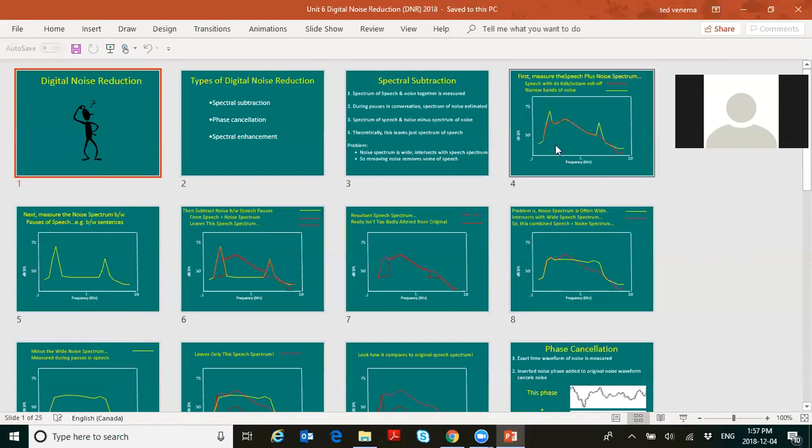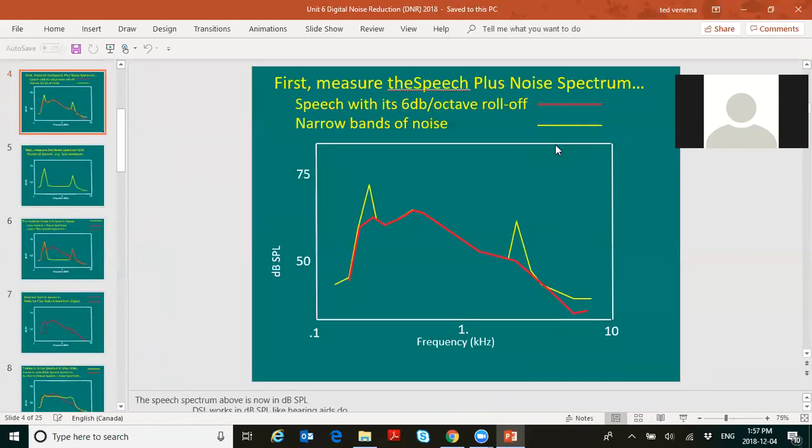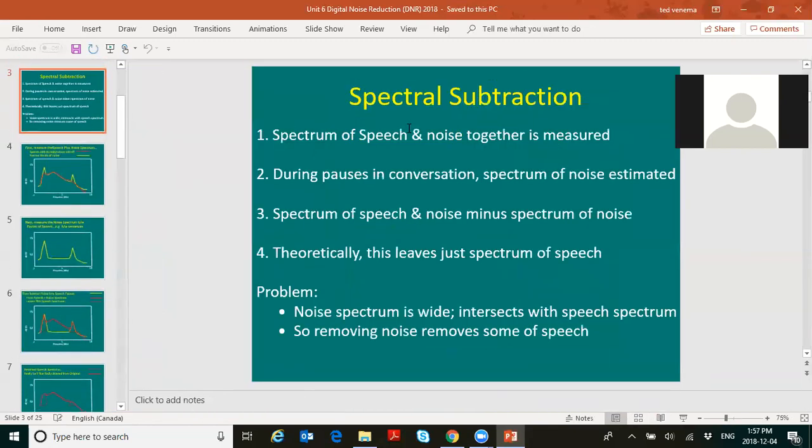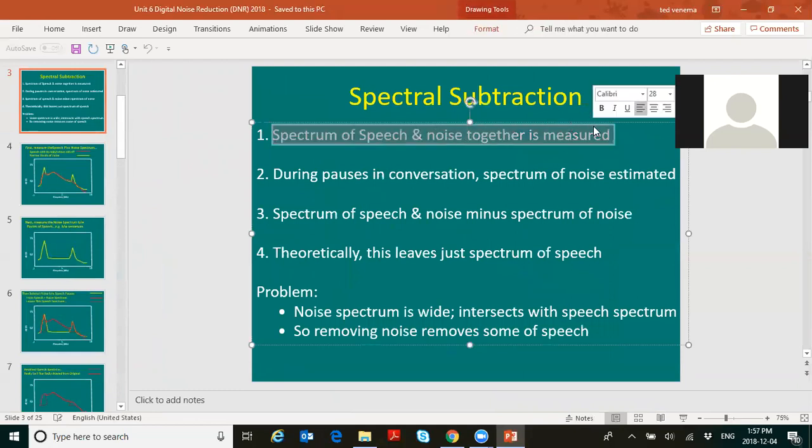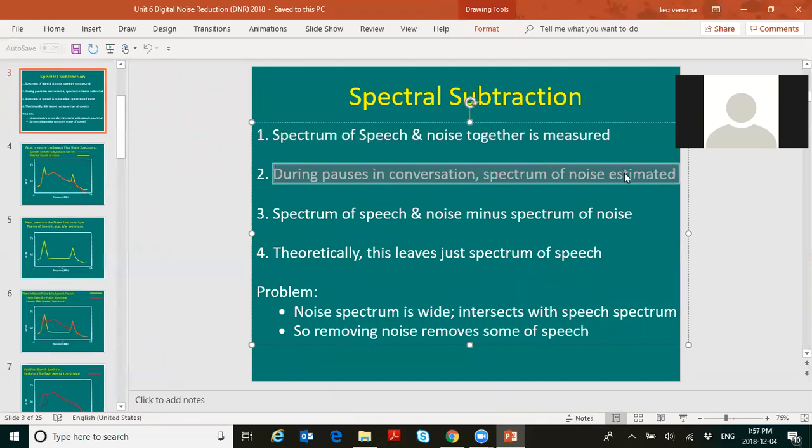When we are looking at digital noise reduction, they first tried using spectral subtraction, and this is why it didn't work. You'd measure the spectrum of the speech and noise together in a noisy cafeteria. Then during pauses in conversation, like between sentences, just the spectrum of the noise is measured.